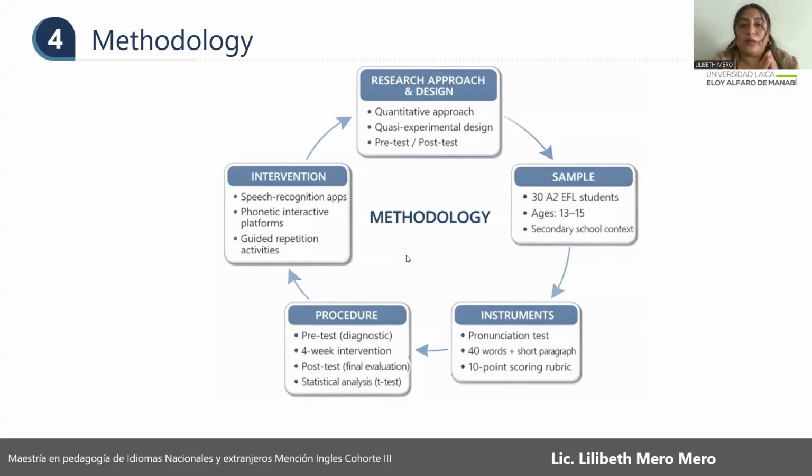Then, I implemented interactive digital activities including guided listening practice, controlled repetition, voice recording tasks, and immediate digital feedback. At the end of the intervention I administered a post-test using the same evaluation criteria in order to measure the true impact.